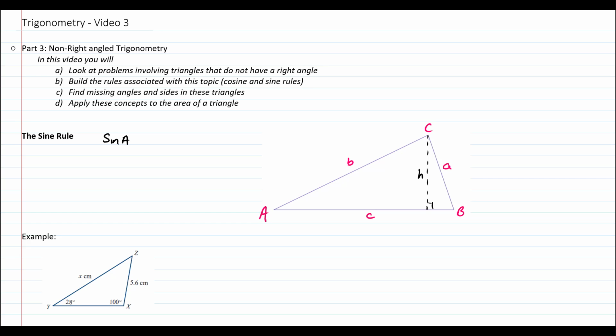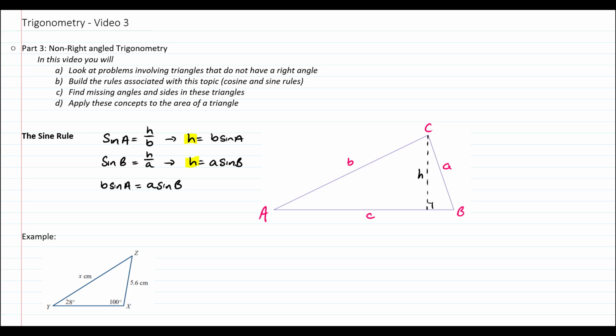First of all, sine of A is equal to opposite, which is H, over B, the hypotenuse, and this of course leads to H equals B sine of A. And then I also have sine of B is equal to H over A, leading of course to H is equal to A sine of B. So of course if H is equal to B sine of A and H is also equal to A sine of B, then incidentally these two things must be equal. B sine of A must equal A sine of B.